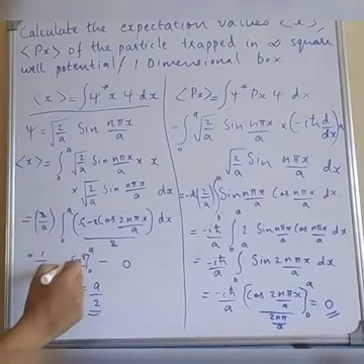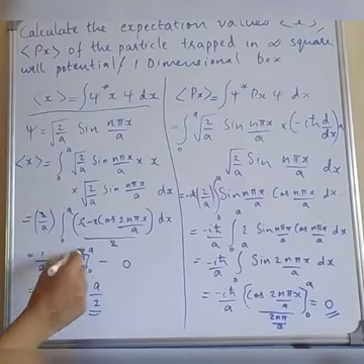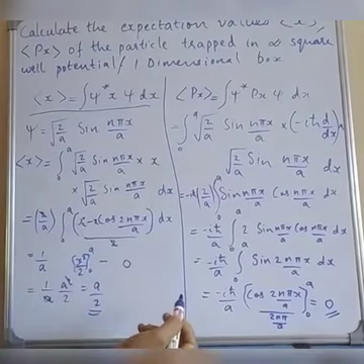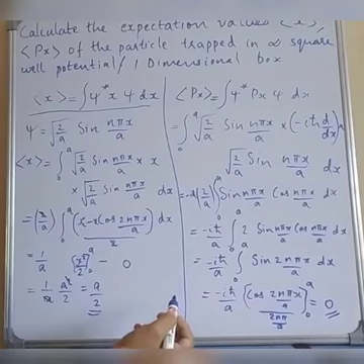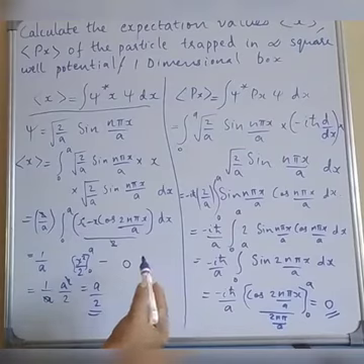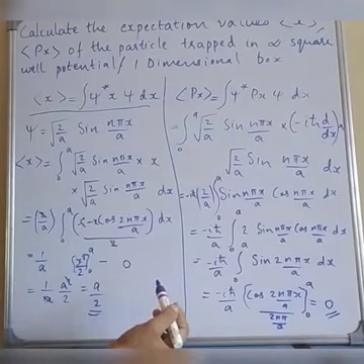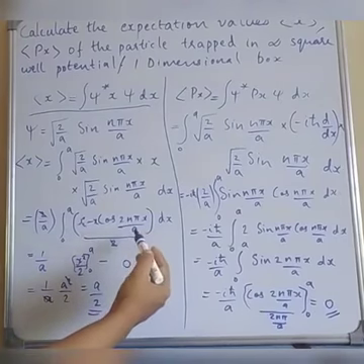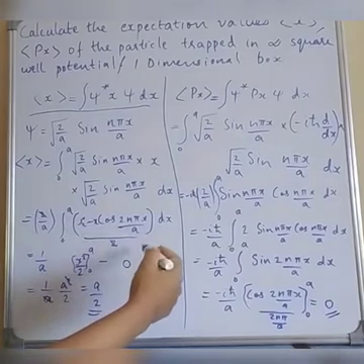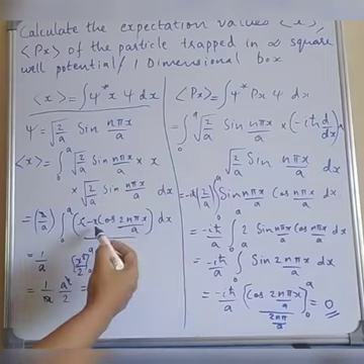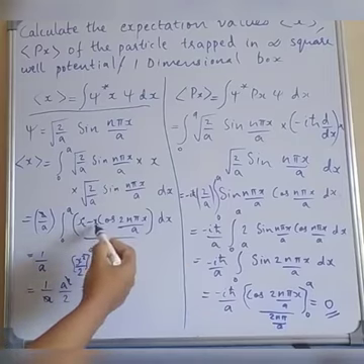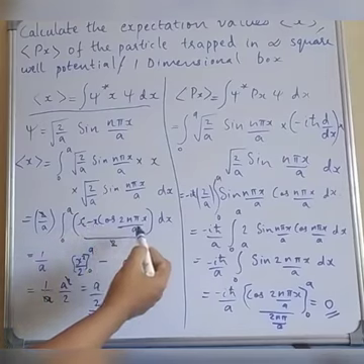The first term gives x squared by 2 between limits 0 and A, and the second term, we integrate by parts. When we first integrate we will have a sine function, then we have to integrate it once more because there is an x here, so we will have a cosine function.